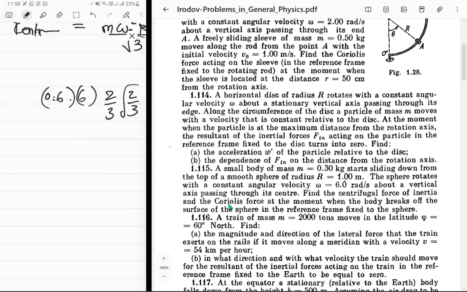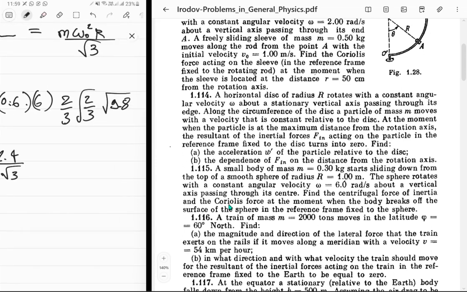So 0.2 times 6 is 1.2. 1.2 times 2 is 2.4. So 2.4, you got square root 3 in the denominator. And then square root of, this 2 comes inside, and it's like 2 times 2 into 4.9.